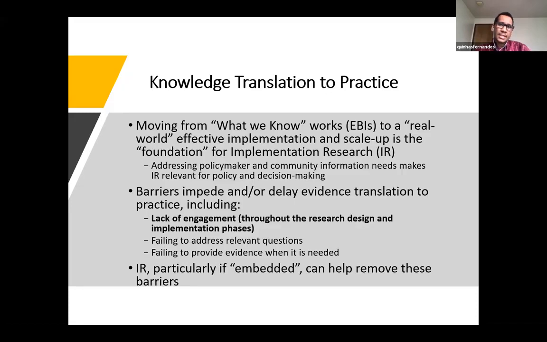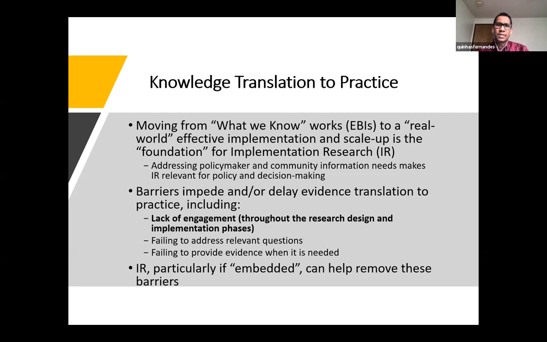We know a lot about the barriers that delay evidence translation into policies. Some of them include the lack of stakeholder engagement throughout the research implementation. Actually, I'll be talking a lot about this.